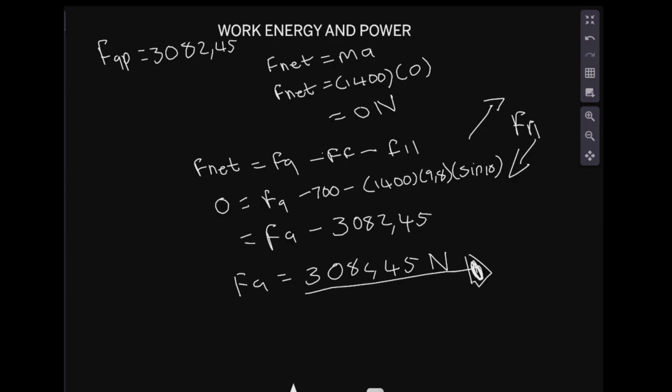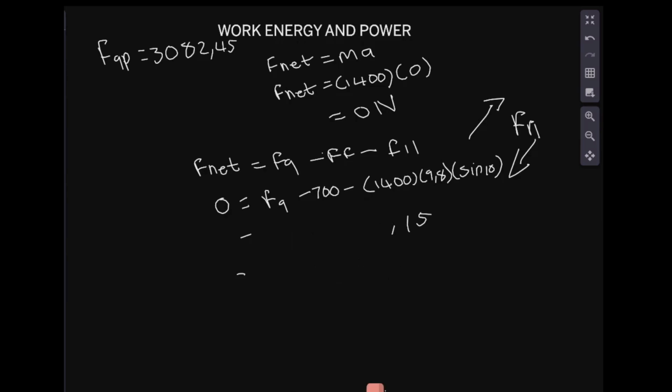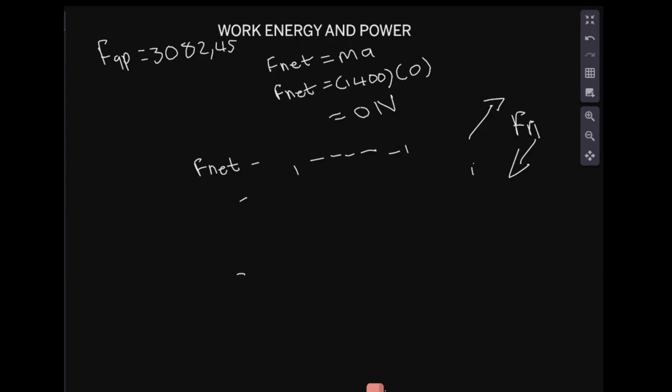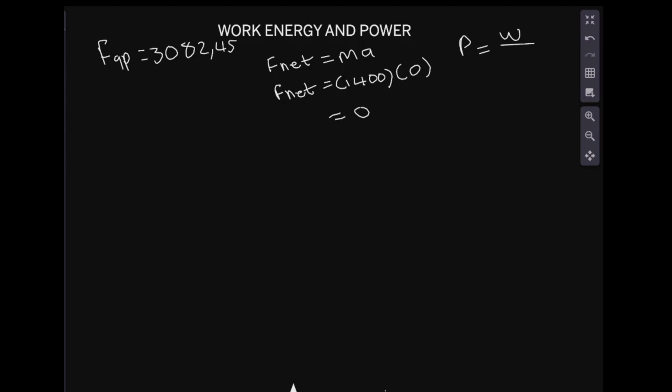Then I just want to erase all of this. We could calculate work, right? We could use this force. Remember, power has two formulas. Power is equal to work over time, but power is also equal to force times velocity.